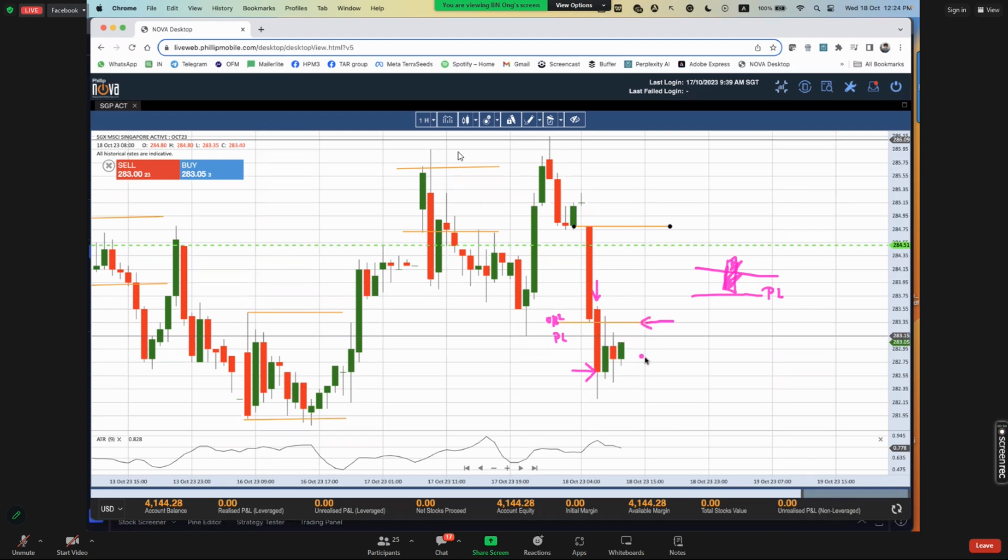If the opening bar has been broken, we will limit to the opening bar low, hoping that it can retest this opening bar low for us to sell again. Now, if it's a buy, meaning price closes above it, then we hope it can come down to the opening bar low so that we can buy on the limit order.